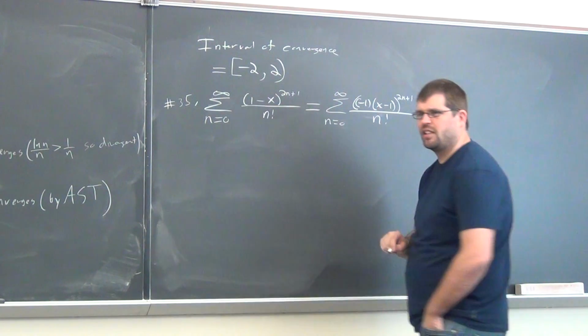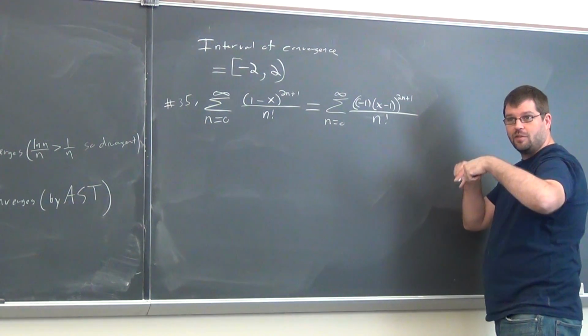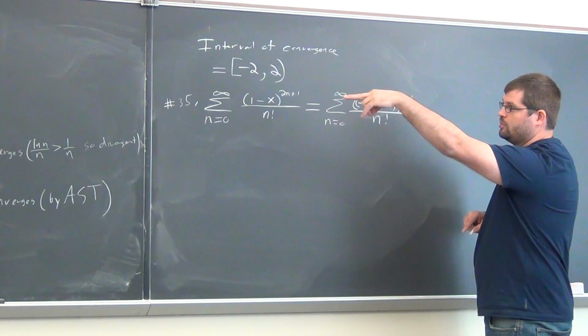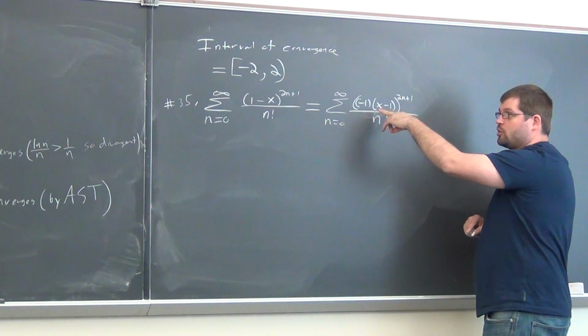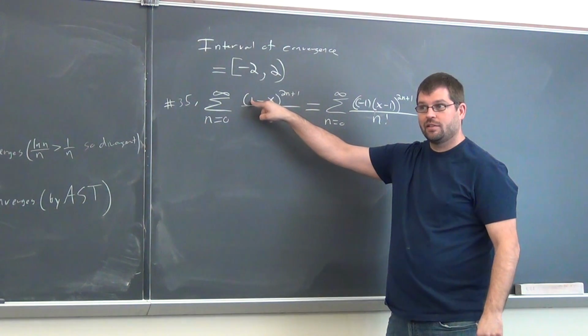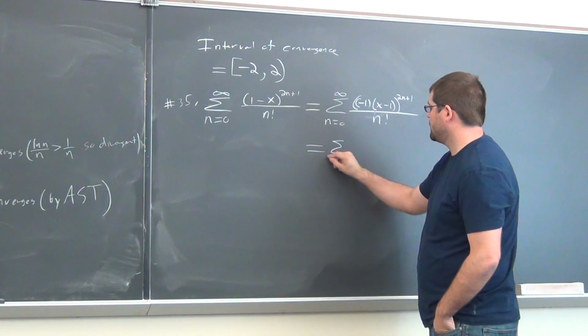Does that make sense? Because if we wanted to find the radius of convergence, we want to isolate the absolute value of x minus 1, which happens to be the same as the absolute value of 1 minus x, but I think it's worth at least noting in this one that that happened.